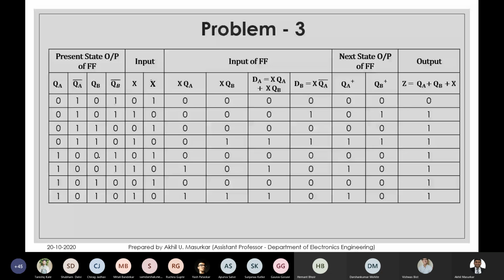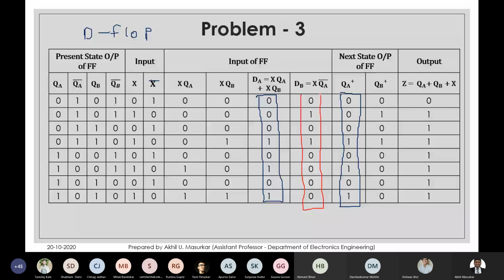Now, just because this is a D flip-flop, the flip-flops that we are using, you can see that DA is the same as QA plus and DB is the same as QB plus.